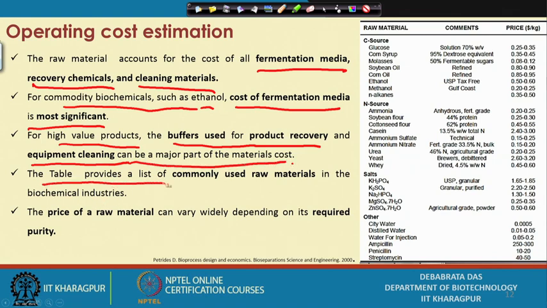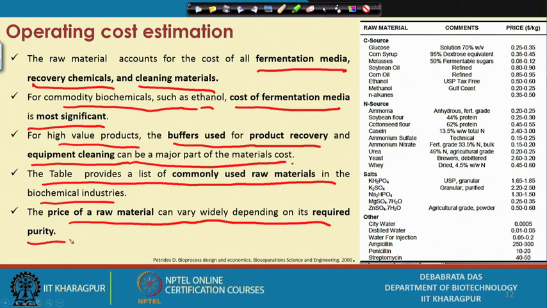The table provides the commonly used raw materials in the biochemical industry. The price of the raw materials can vary widely depending on the required purity. So, these are the raw materials that we have. We have carbon source, nitrogen source and other materials, and these are the different concentrations that we use, and this is the price, how much price is contributed per kg of product formation, that has been given here.